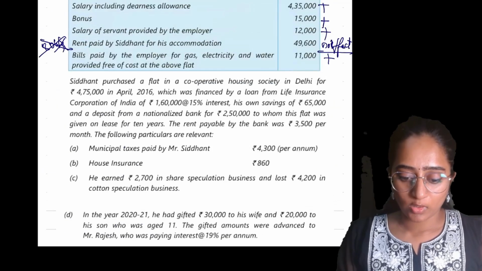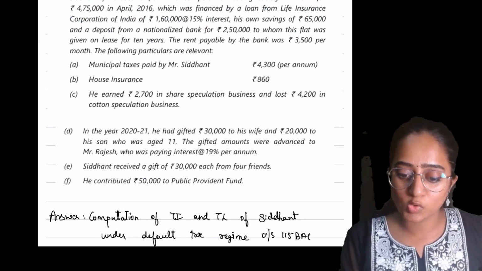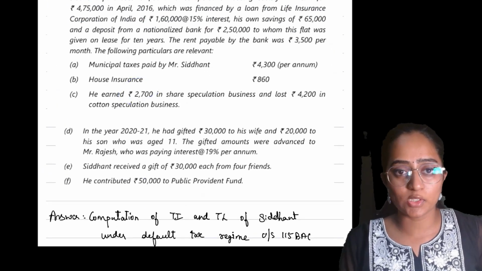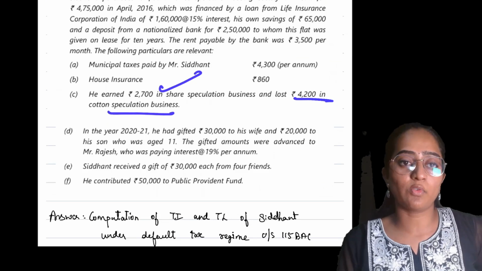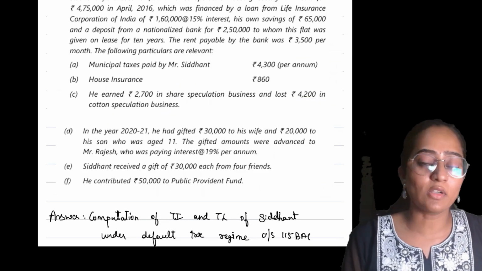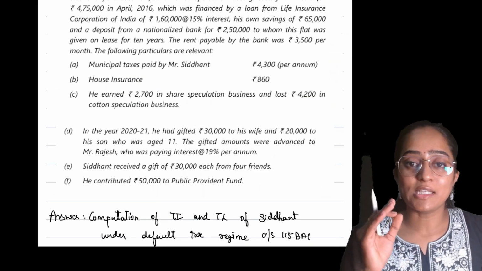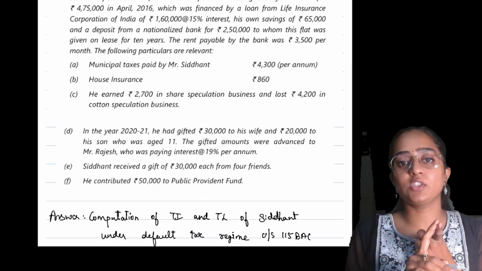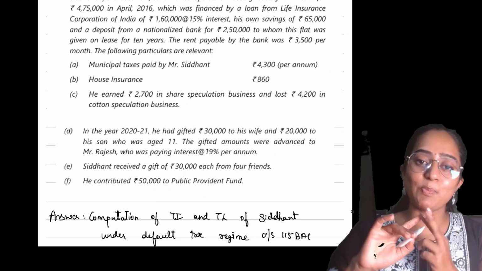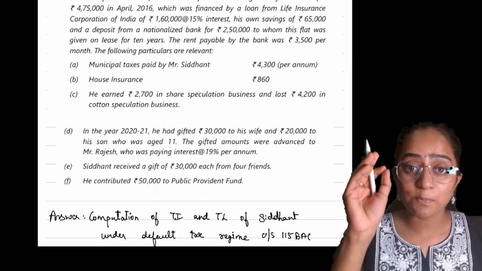Now, the information they have given: 2,700 profit in share speculation business, and a loss of 4,200 from cotton speculation business. Under the set off and carry forward provisions, can you set off one speculation business loss against other speculation business income? Yes, absolutely.